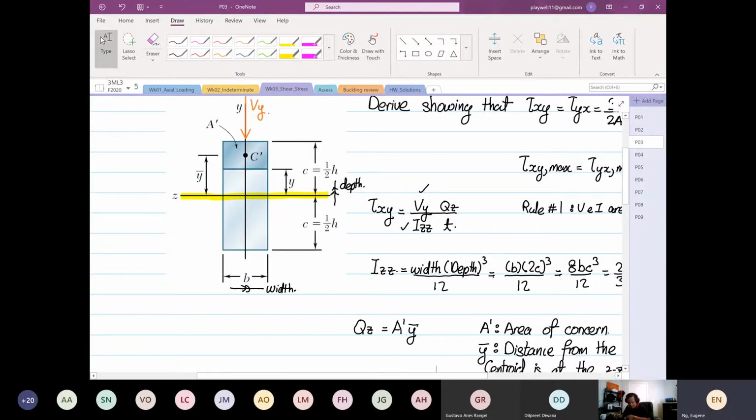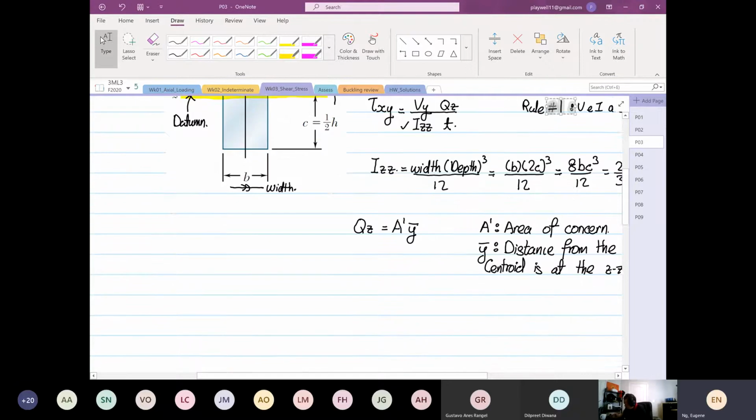So if you look over here, this line is our datum. Okay, so here comes rule number 2.